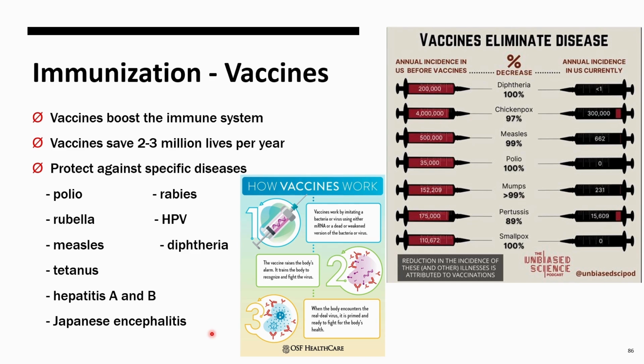Before the vaccines were introduced, you can see there were some diseases that occurred in high numbers. For example, diphtheria. Before the vaccine was introduced, there were around 200,000 people in the US with the disease. But now, it's less than 1 after the vaccine.